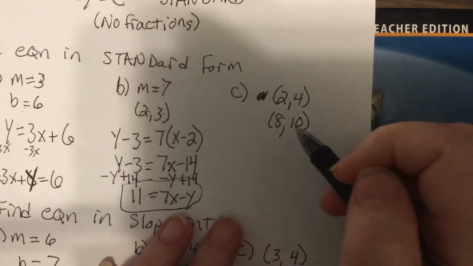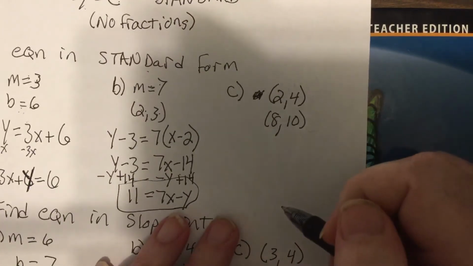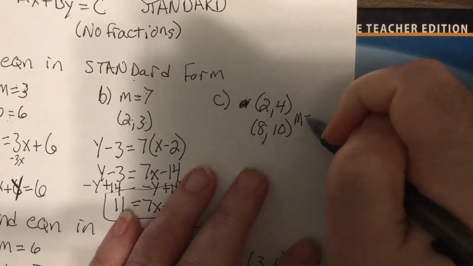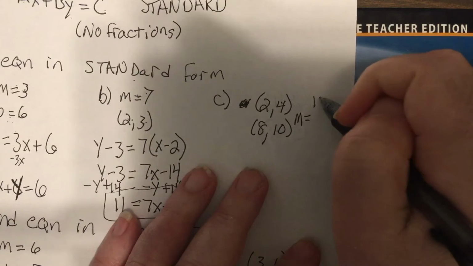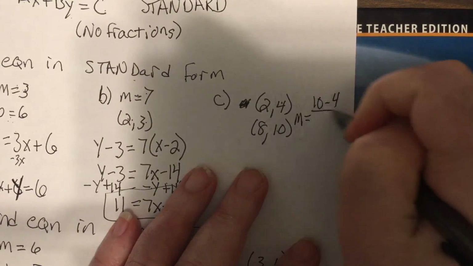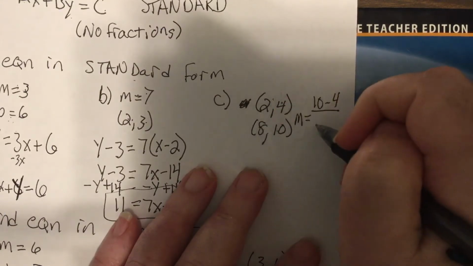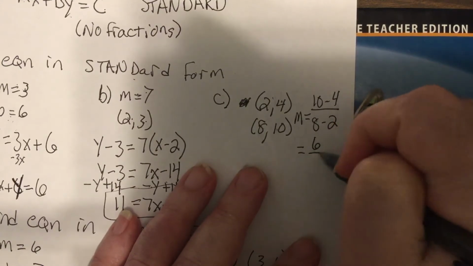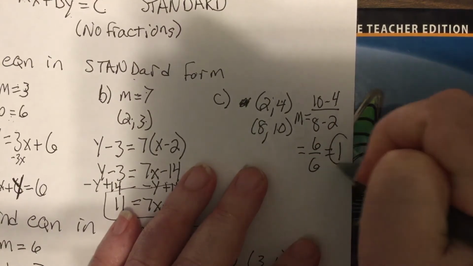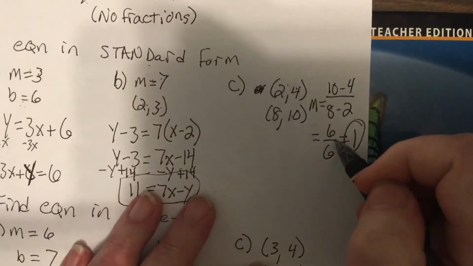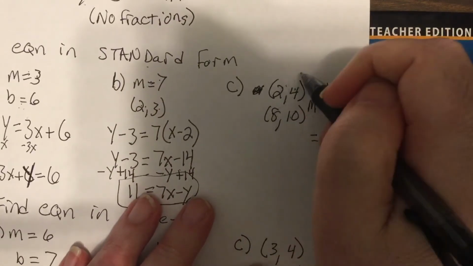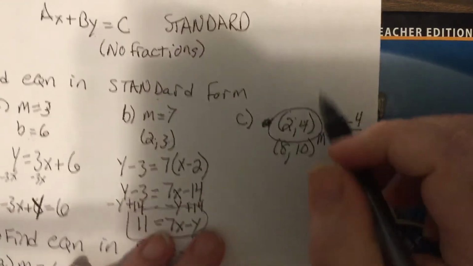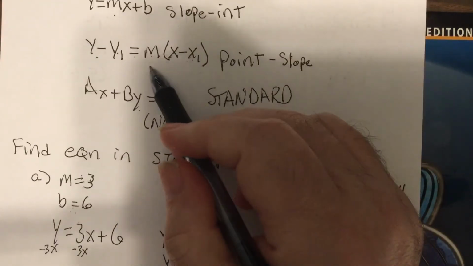The last one, what if you're given two ordered pairs? Well, if you're given two ordered pairs, the first thing we're going to do is find the slope. 10 minus 4 over 8 minus 2, which is 6 over 6, which is 1. So now I'm going to take one of the ordered pairs and the slope and put it in point slope.